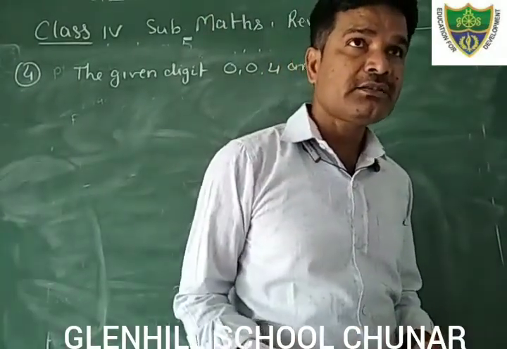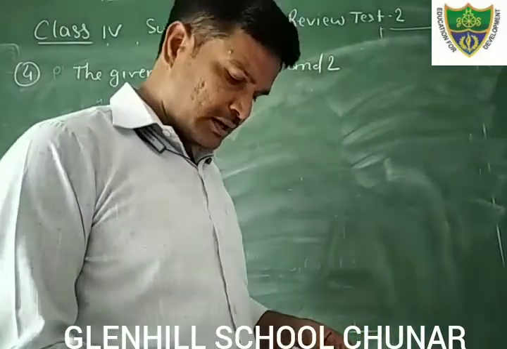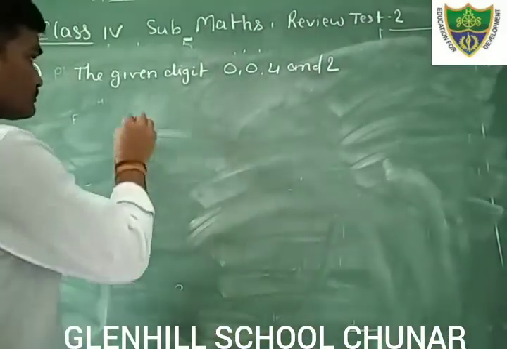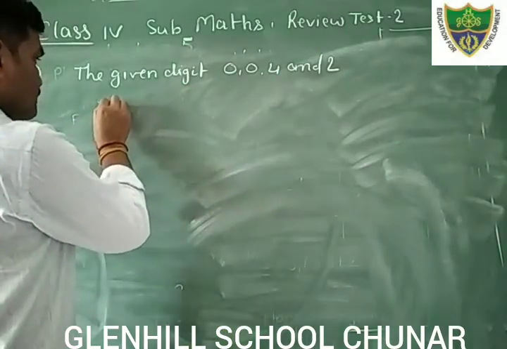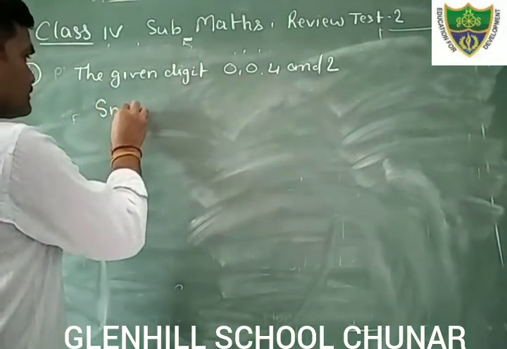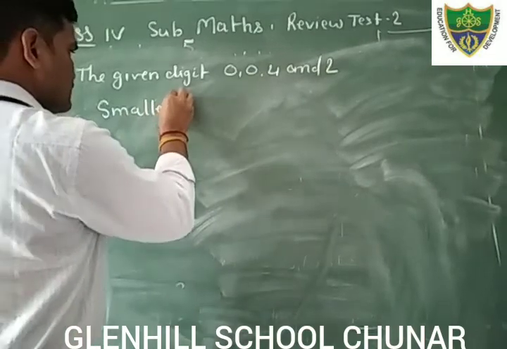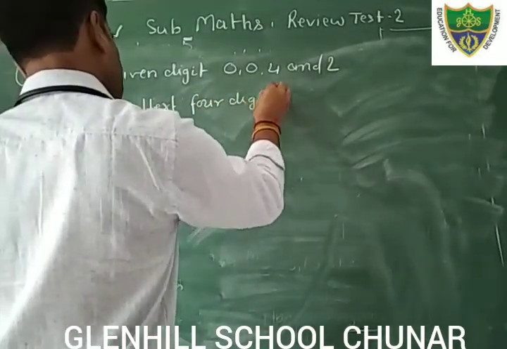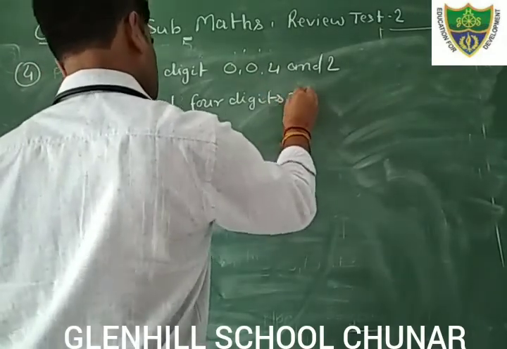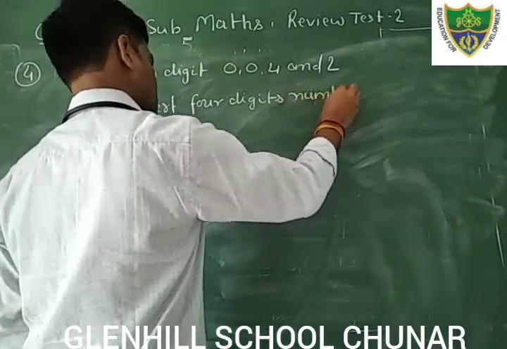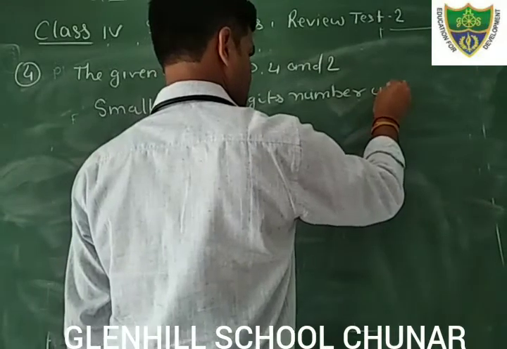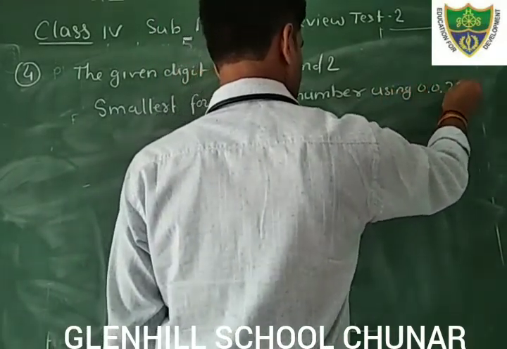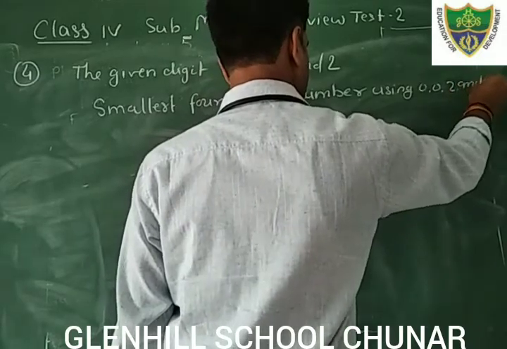To write a greatest 4-digit number and the smallest 4-digit number, now smallest 4-digit number using 0, 0, 2 and 4.